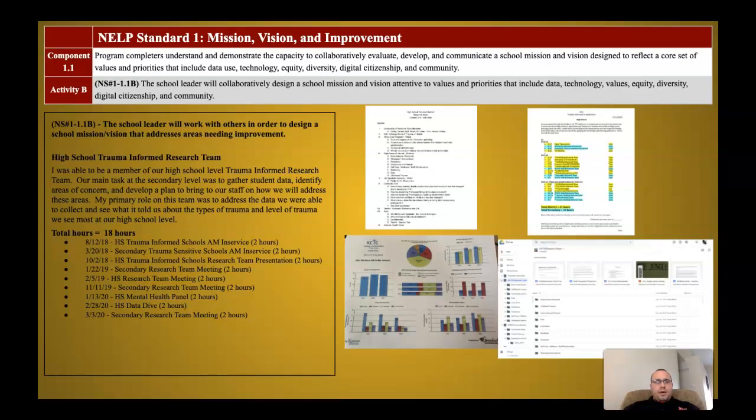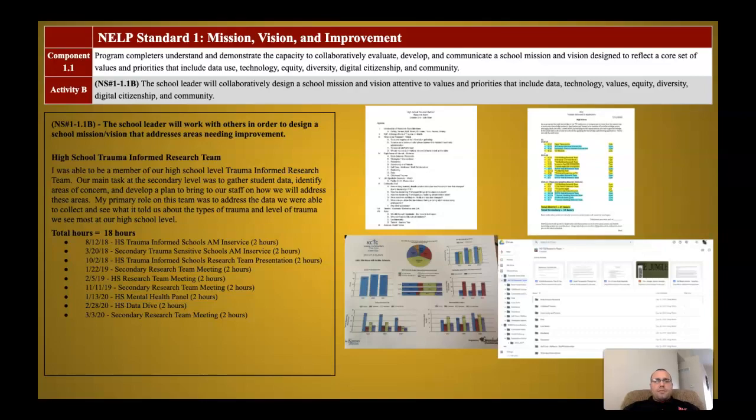My primary role on that was to look at the data that we collected from the Kansas Communities That Care survey that we sent out to our students and see how they once again stack up with the rest of the state and what areas of trauma were the biggest within our student population.